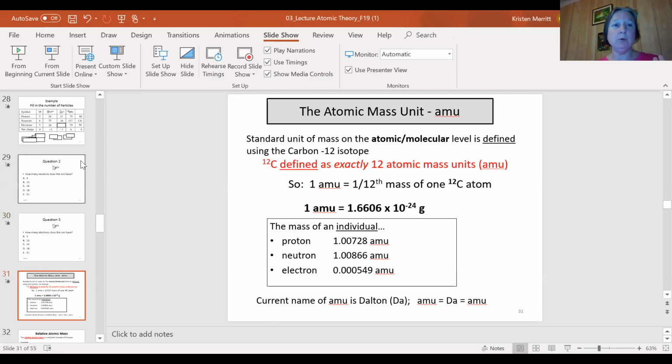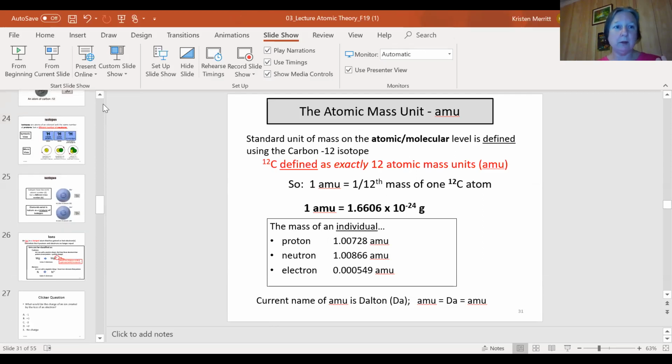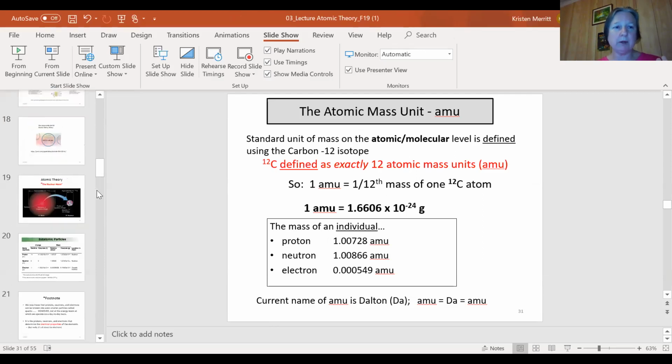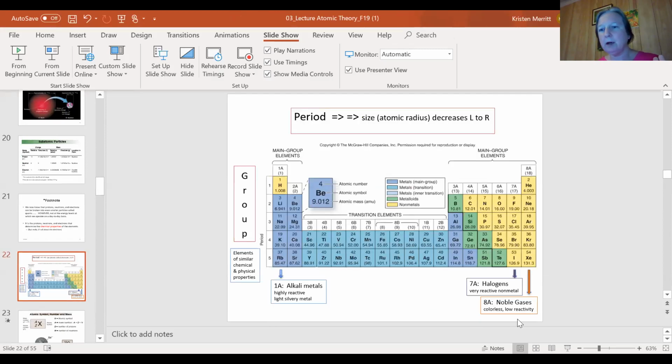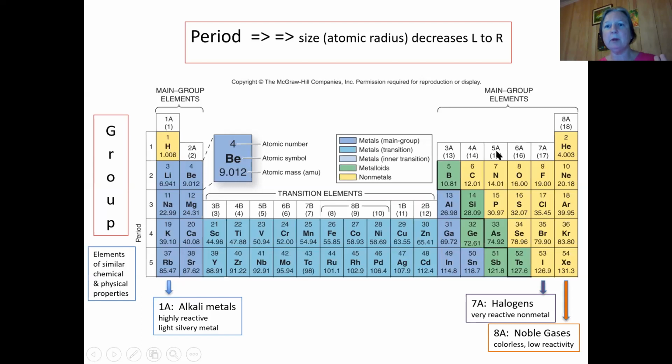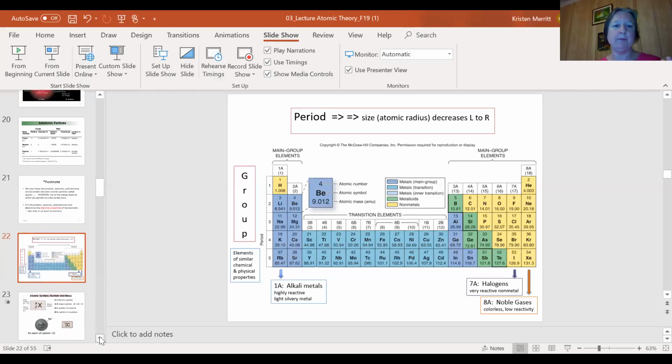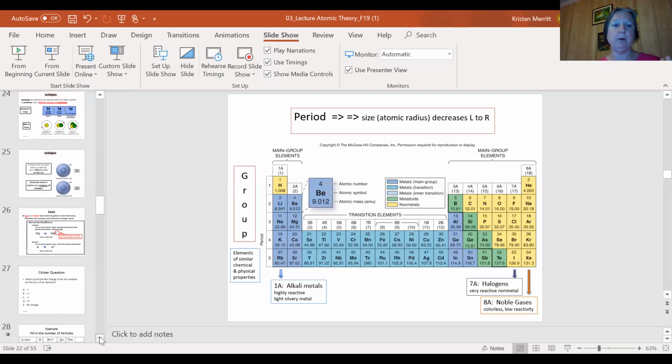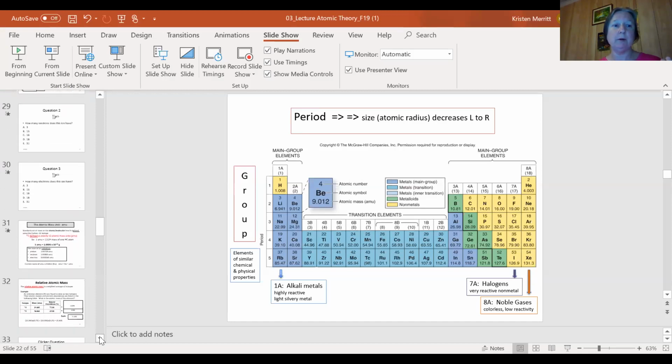As I said, when you look at the periodic table, get back down here. I said the top number is the atomic number, number of protons. The bottom number is your mass, all right? And that's where we get mass from, which you will use a lot.